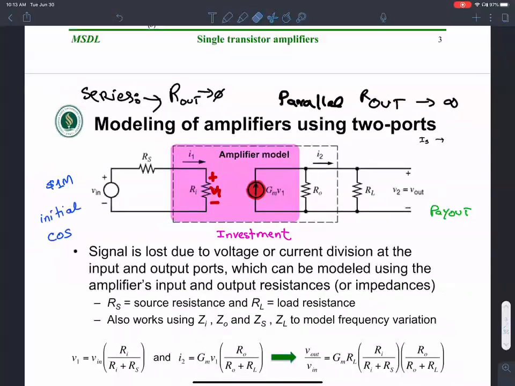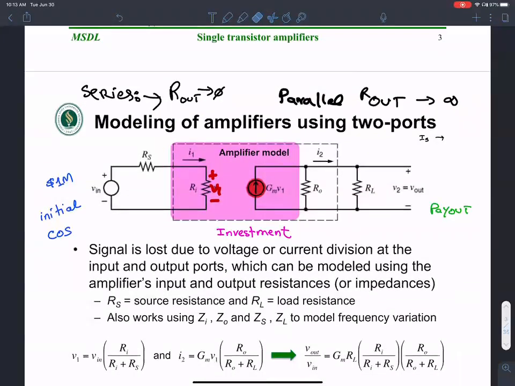So we looked at how there is a voltage division on the input side, and then there's also a voltage division on the output side. R naught by R naught plus RL is the current division between the two.